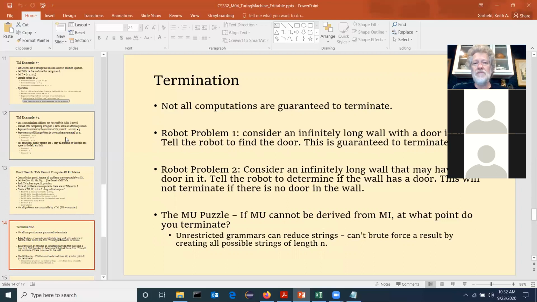And the wall is infinite. Are you guaranteed that that robot will eventually find the door? Is that a guaranteed problem for termination? And the answer is yes. We don't know when it will terminate, but since there is a door in the wall, and the door must be a finite distance from the starting point, even though the wall is infinite, then the robot will eventually reach the door and say, found it, and terminate.